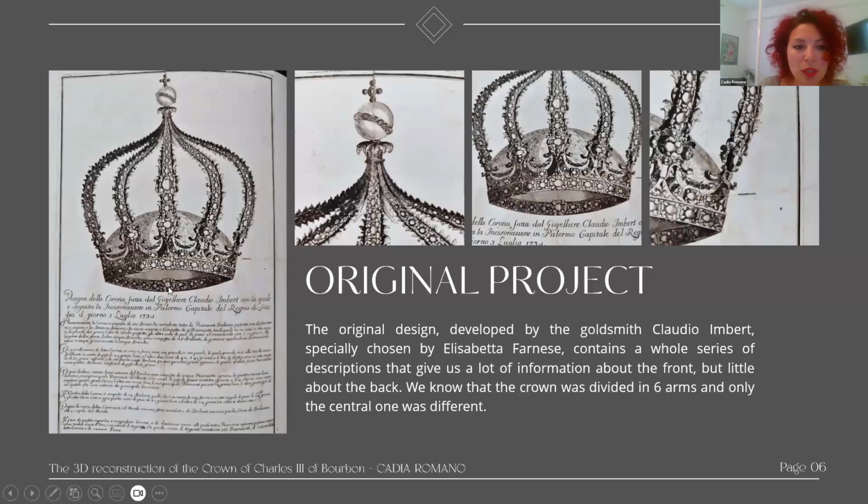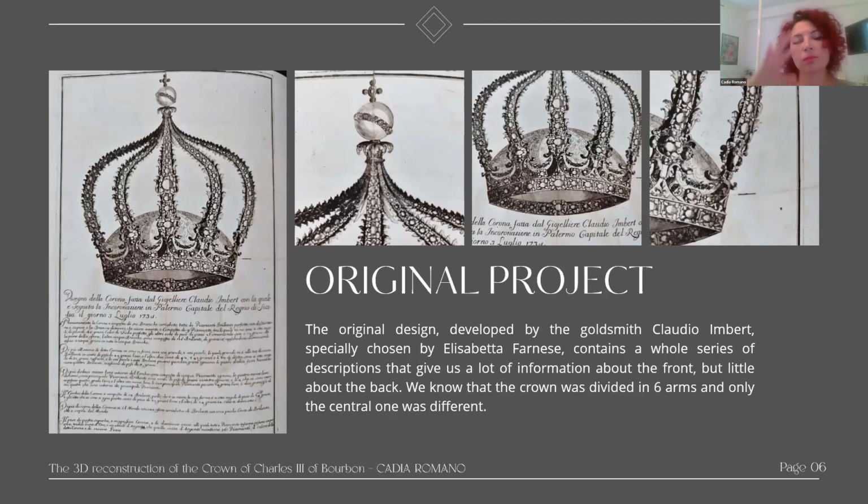Instead, we should see the culet of the diamond. Also, in this part we have a point that could be very fragile, because we know that this part is a full globe with diamonds, so it's not possible that all this structure has only this fragile point. And also, the final cross on the top is lighter than the description of the sides and the information that we have in this document.